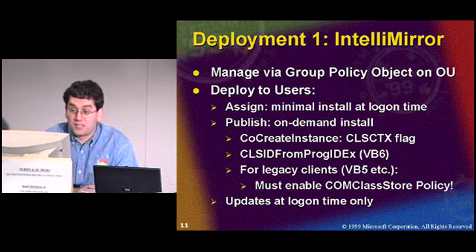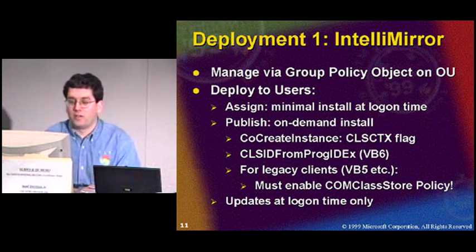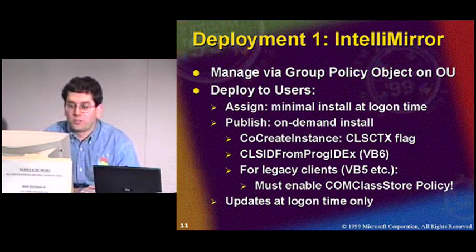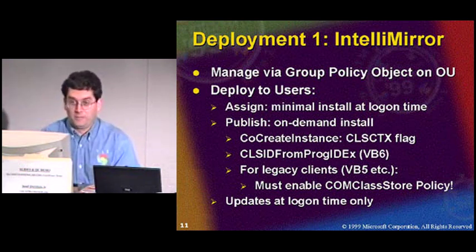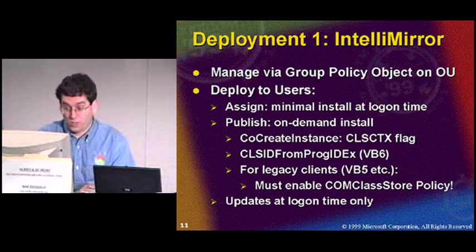I can assign this application to users. What this means is that as the user logs on, the system will perform a minimal install of this application. We'll do a little pre-registration, register the file extension, and also install shortcuts, so that as the application is being used, the actual bits will get installed, but the application appears installed to the user.